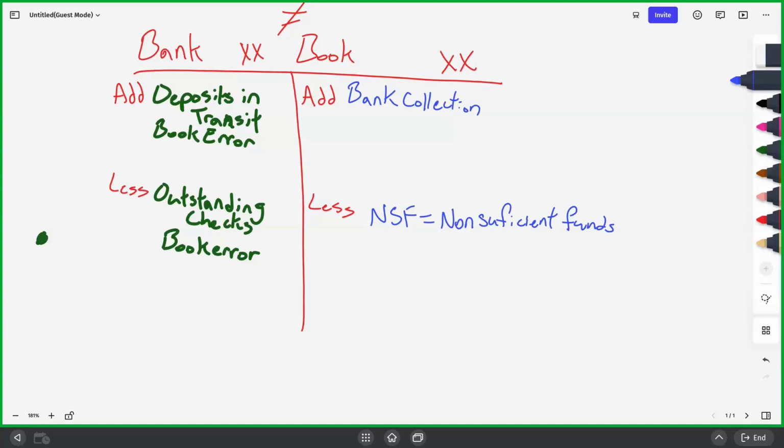Do you know what that stands for? Electronic funds transfer. That's essentially when money is transferred electronically, so we don't have a paper invoice put down in front of us. That's why we don't know about it, so we check our bank statement. Do we add those or subtract those, or is it both? It's both.